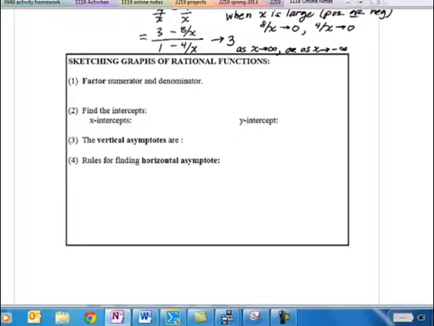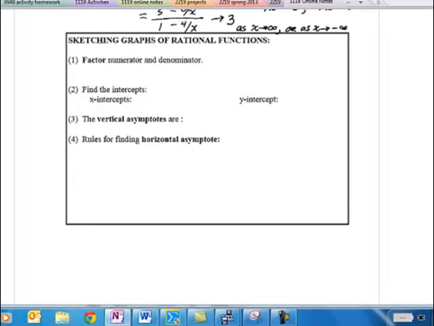So, when we want to sketch the graphs of rational functions, we want first to factor the numerator and the denominator, because the factored form will help us find the x-intercepts as well as the vertical asymptotes. The x-intercepts will be the zeros of the numerator, because if a fraction is going to be 0, its numerator needs to be 0. So the x-intercepts are always the zeros of the numerator.